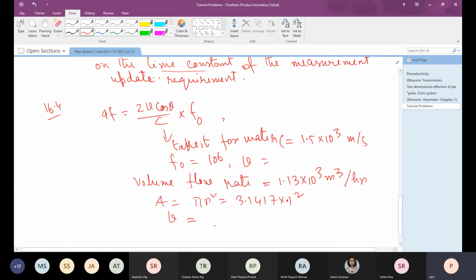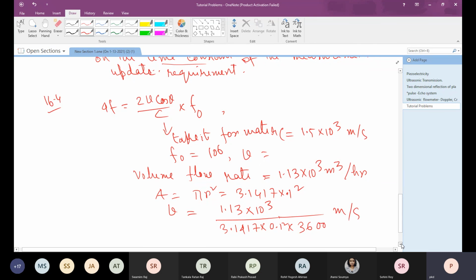So V is volume flow rate divided by area, meter per hour, divided by 3600, meter per second.